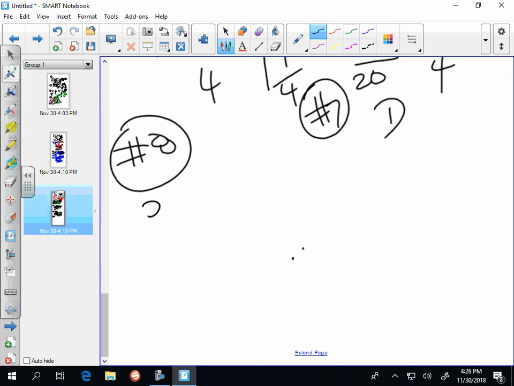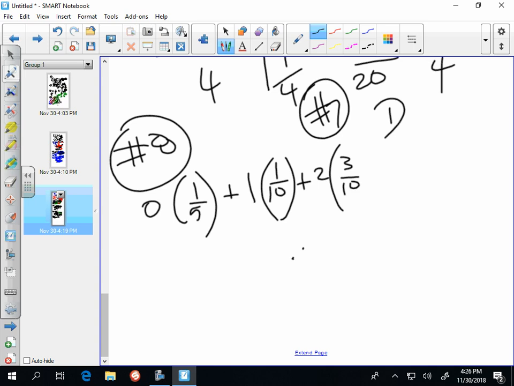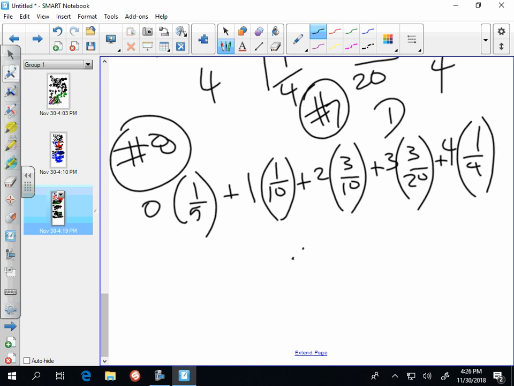So, for example, we have a choice of 0, and the probability is 1/5. And we have a choice of 1, and the probability is 1/10. And we have a choice of 2, and the probability is 3/10. And we have a choice of 3, and the probability is 3 over 20. And we have a choice of 4, and the probability is 1/4.